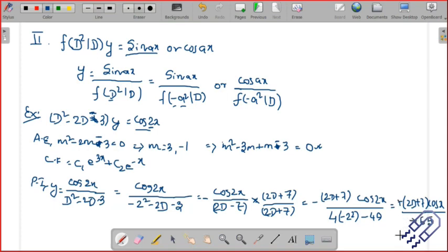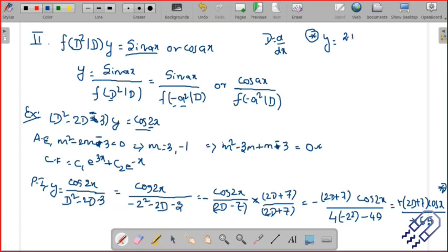Get rid of this minus sign now. Do it on the same page, otherwise we'll miss out. If I continue here, y is equal to, this is 2 times D. What is D? D is d dx, right? So d dx of cos 2x.